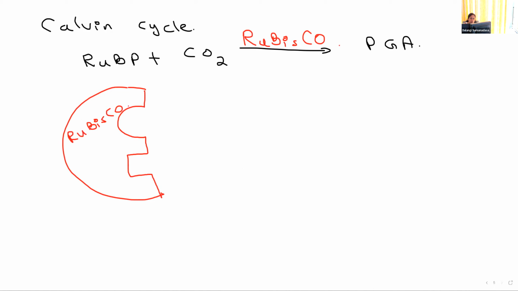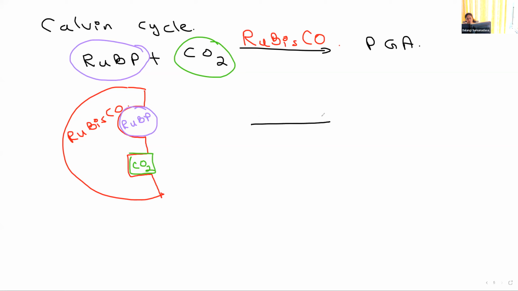And the two substrates are RuBP and carbon dioxide. Right, so the two substrates bound to the Rubisco's active site, creating the product. Draw the product formation. Think about now whether the Rubisco is going to be used up or not, and draw the product.